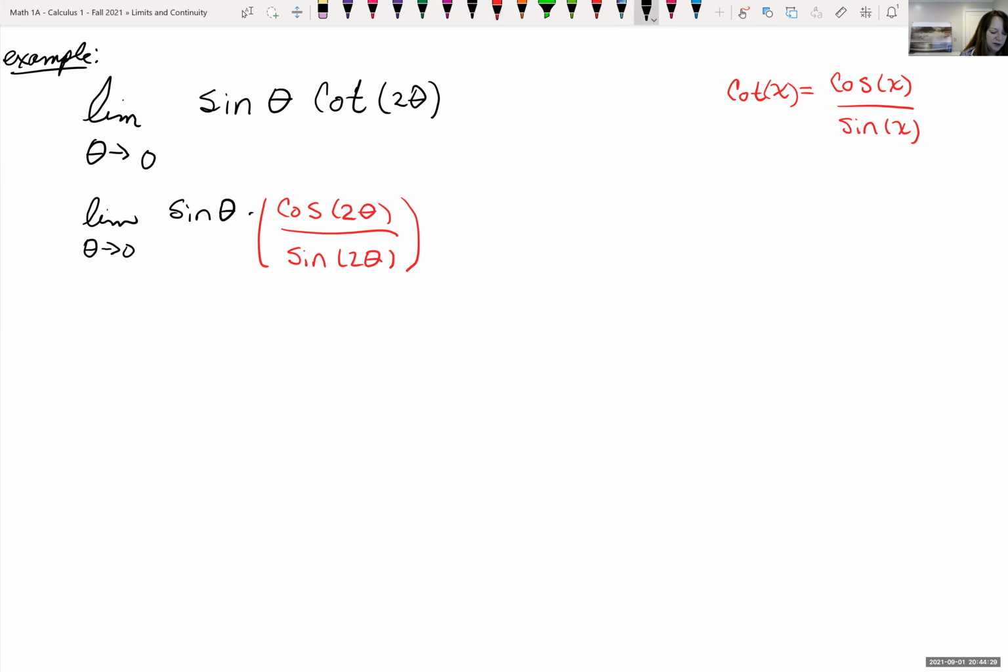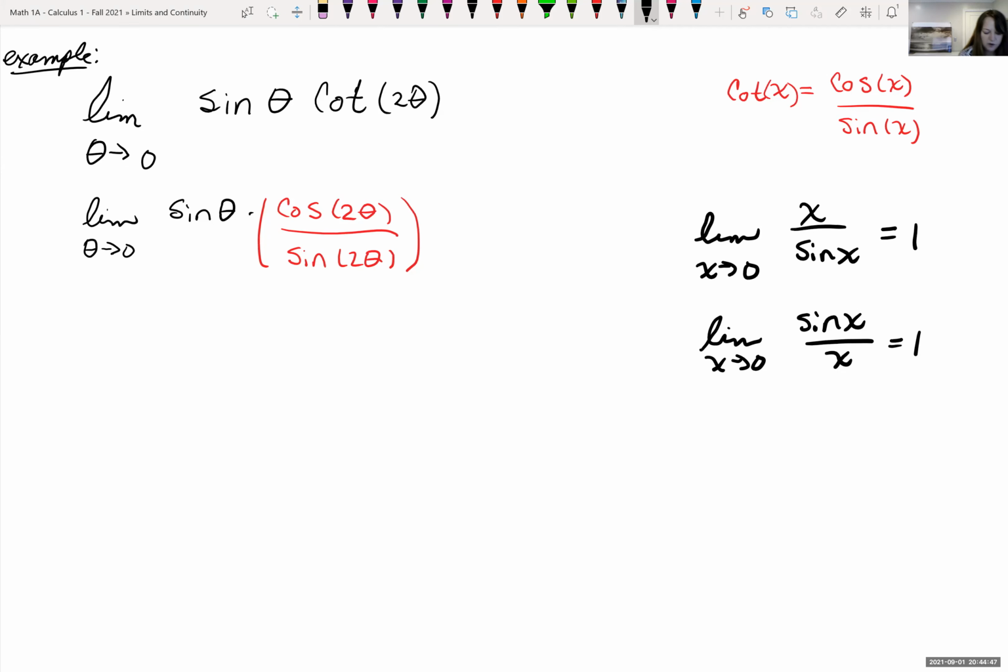And remember at the beginning of class, we said that if we took the reciprocal and instead we wrote it as x over sine x, this we saw was still equal to 1. And so let's use both of these facts. The one we started with is equal to 1, and then the reciprocal of that also gave us 1. So underneath this cosine of theta, I want 1 theta.